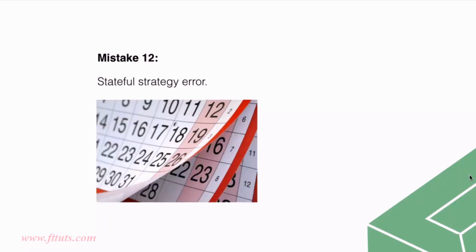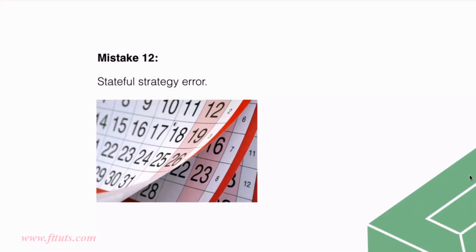Number 12 is stateful strategy error. A stateful strategy is one where performance can vary greatly depending on the day in history it was started, as a result of the rapid accrual of portfolio holdings. For example, consider a portfolio strategy that buys stocks making new daily highs. If that strategy begins just one day later, the construction of the portfolio is likely to be completely different.